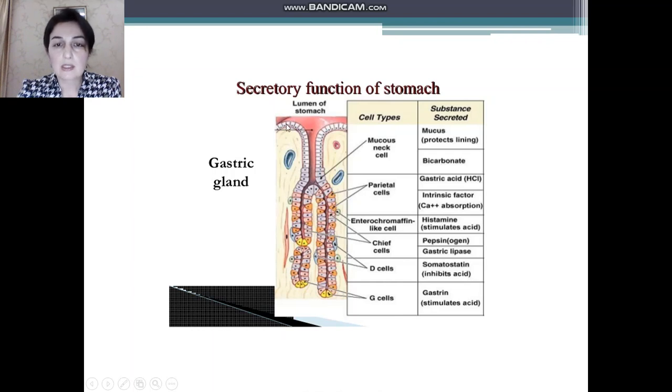So now the surface lining cells also continue into the glands, and in the glands we can see several types of cells. First of all, mucous neck cells. They are also mucus production cells, but they are different from the surface lining.